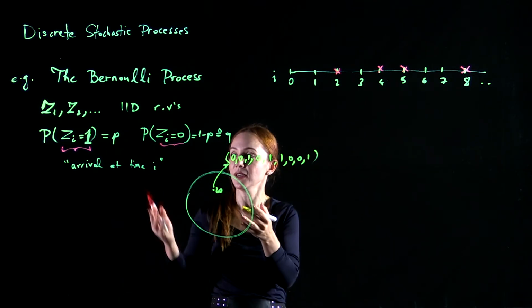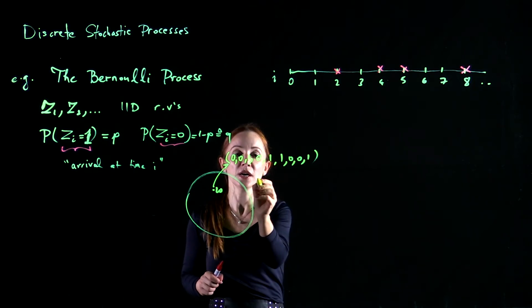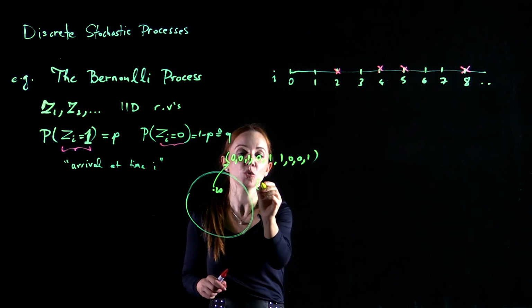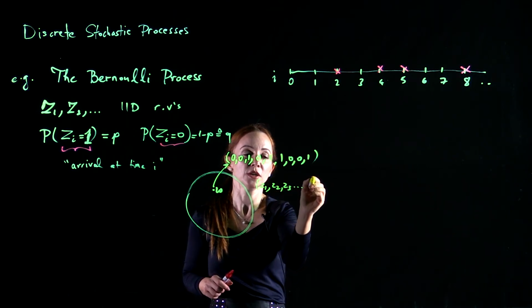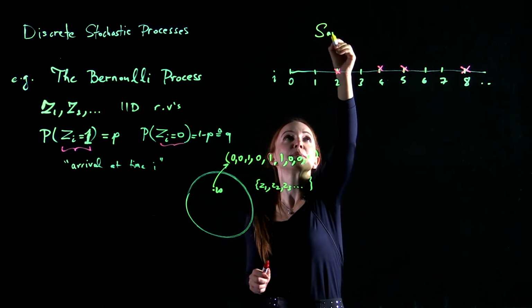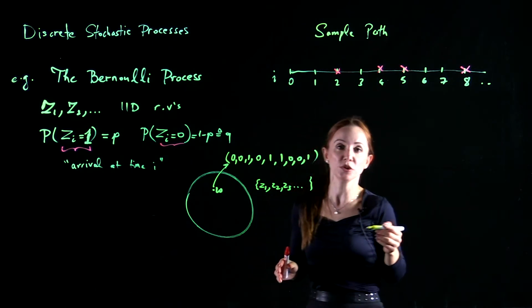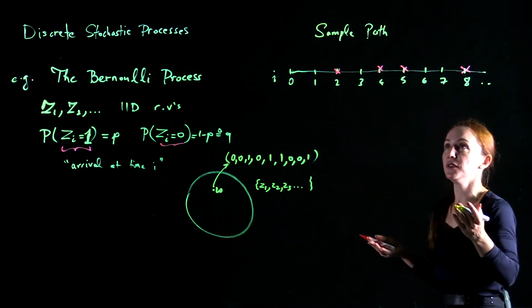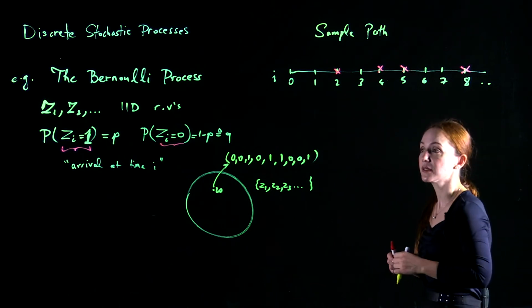So basically, in this Bernoulli process case, each realization gives us a sequence Z1, Z2, Z3, and so on. And we call this a sample path.